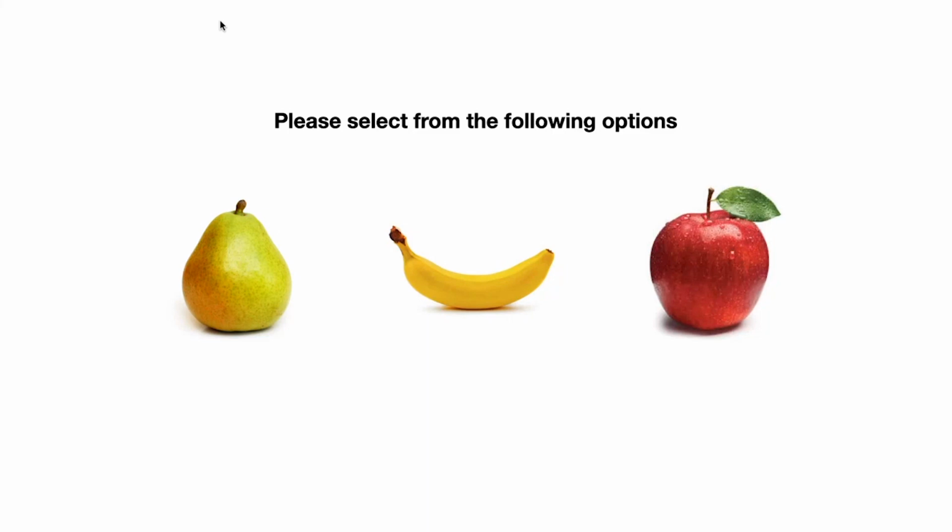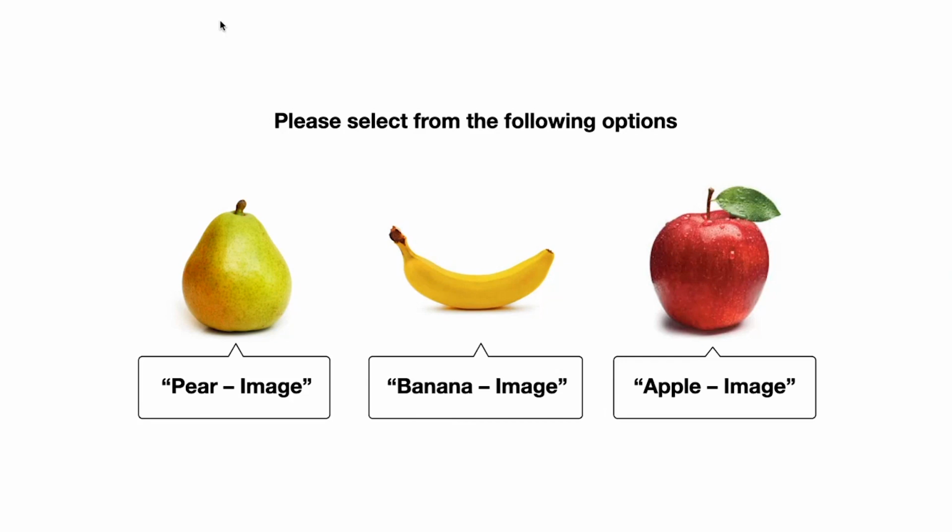But if I was, say, blind or even just visually impaired to the point where I needed to rely on a computer to help me see those images, then I might use a screen reader, and a screen reader would read out those images. It would turn them into text. So it would say something like pear image, banana image, apple image. That's a quite common use of alt text.